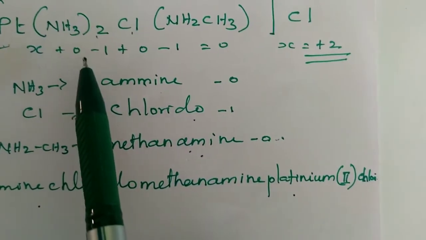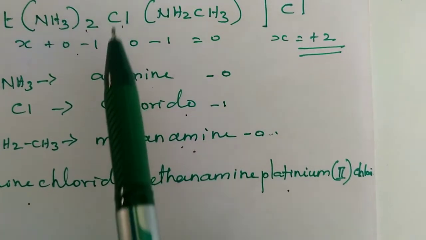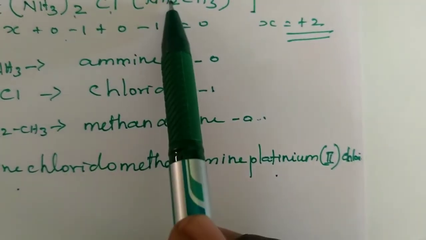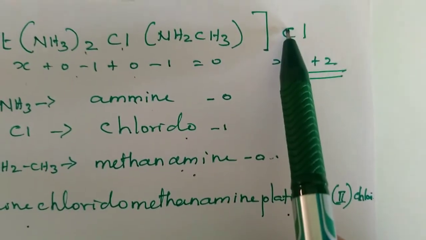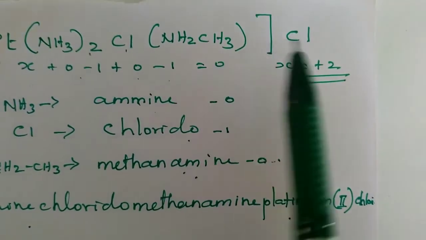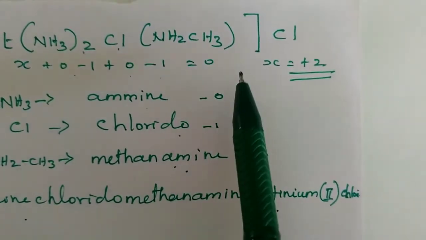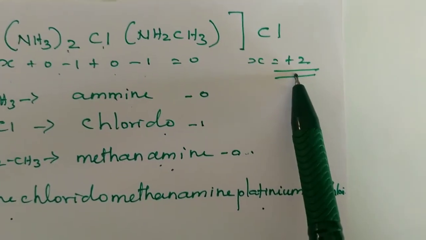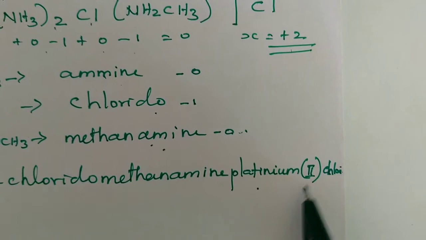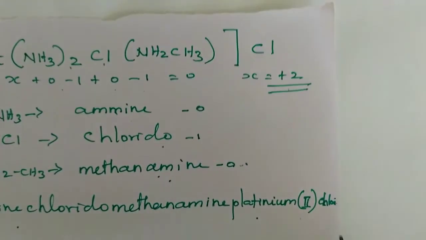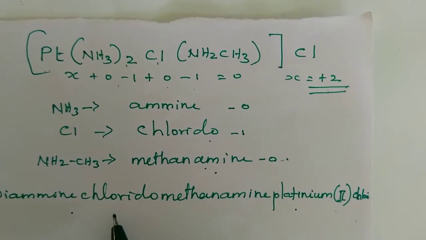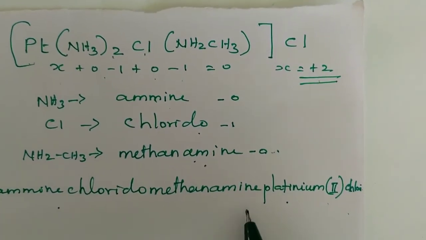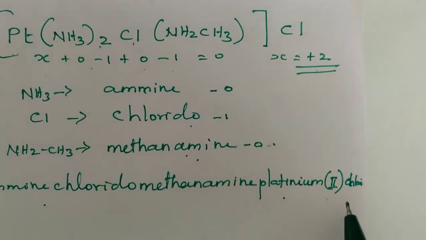Ammonia is a neutral ligand, so 0. Chlorine -1. Methanamine is again a neutral ligand, so 0. 1 chlorine is present outside, so -1. So, x - 2 = 0, that is x = +2. So, platinum(II). Cl is present, so chloride. So, the name is diamminechloridomethanamineplatinum(II) chloride.